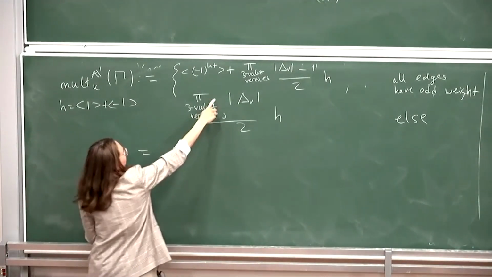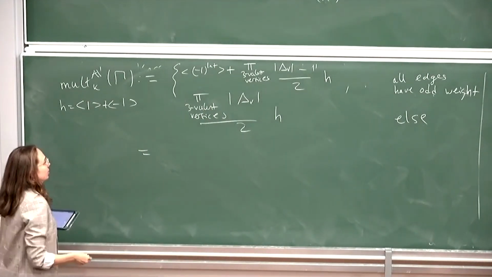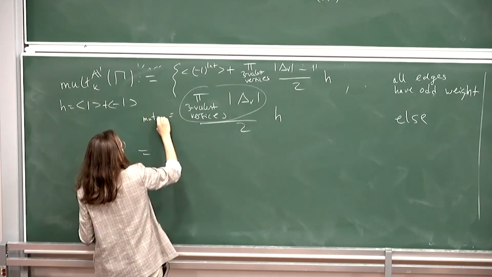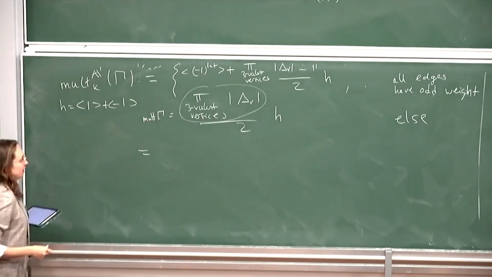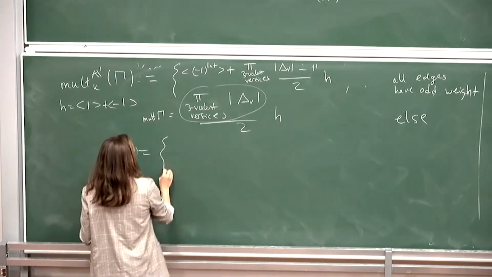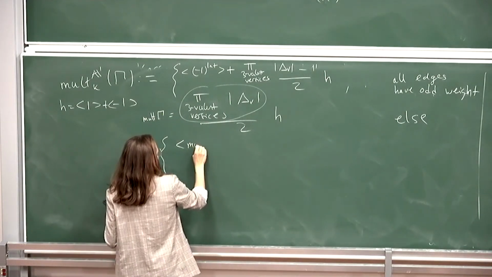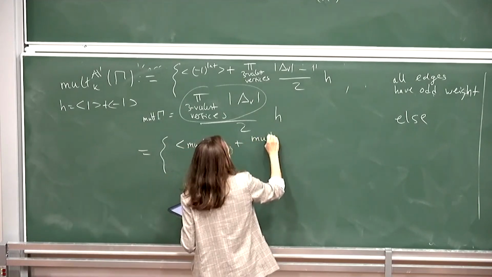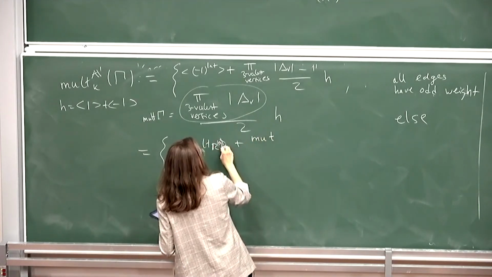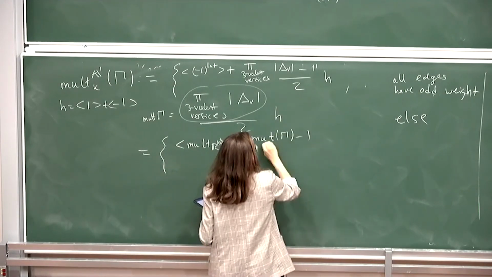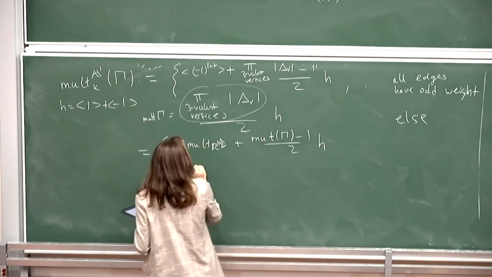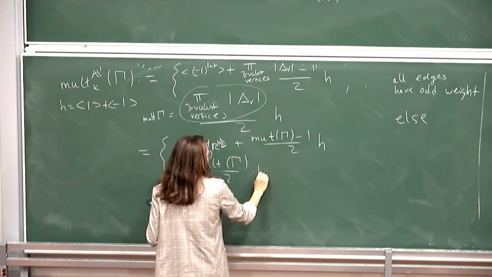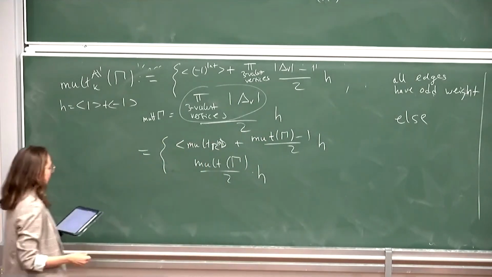And maybe you recognize this from earlier, this was exactly the multiplicity of gamma I had earlier when I counted tropical curves. So I can also write this as the real multiplicity plus the multiplicity of gamma minus 1 divided by 2 times h, or just the multiplicity of gamma divided by 2 times h in the same cases.